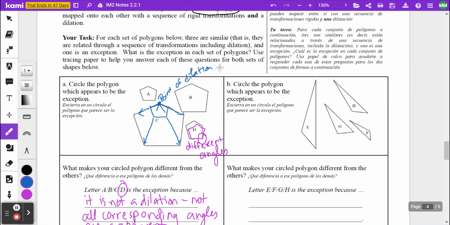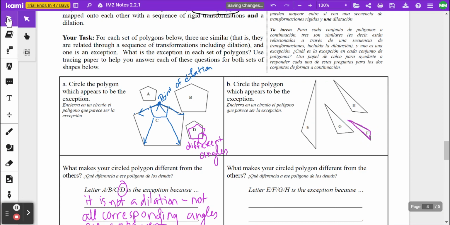Okay, part B. Circle the polygon that appears to be the exception. Let's see. I think I can tell that it's G, but I'm still going to check the angles. Oh, this one's harder. I can't quite check the angles because there are reflections involved. You know what?